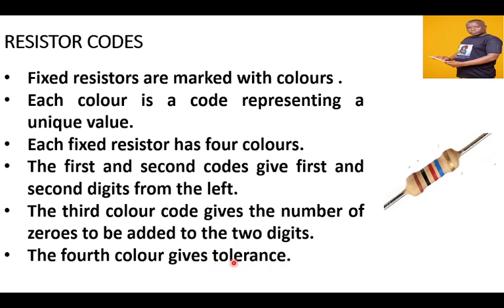Tolerance is just the percentage of the accuracy of the value of a resistor, which can be plus or minus. For example, you see gold. Gold has a tolerance of plus or minus 5. What it means is that when you calculate the resistance of your resistor, you add that percentage. That percentage is called a tolerance. I'm going to show you how this can be done.